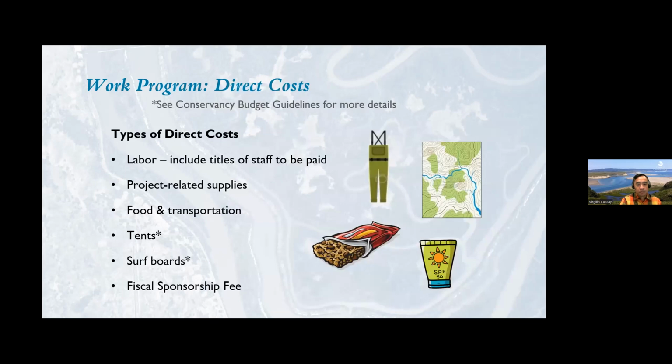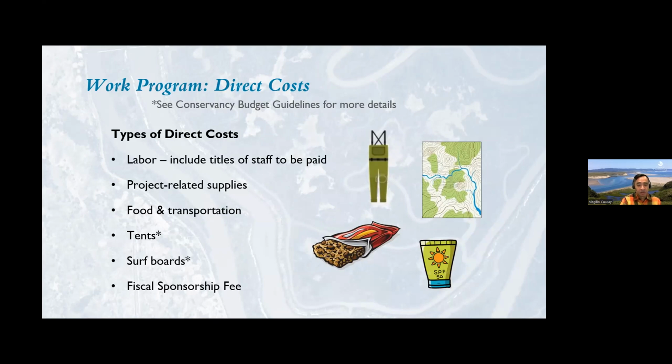The next section is direct costs, and direct costs are the project-specific costs related to carrying out your project. They include labor costs for project management and implementation, project-specific materials and equipment, subcontractors, and so on and so forth.